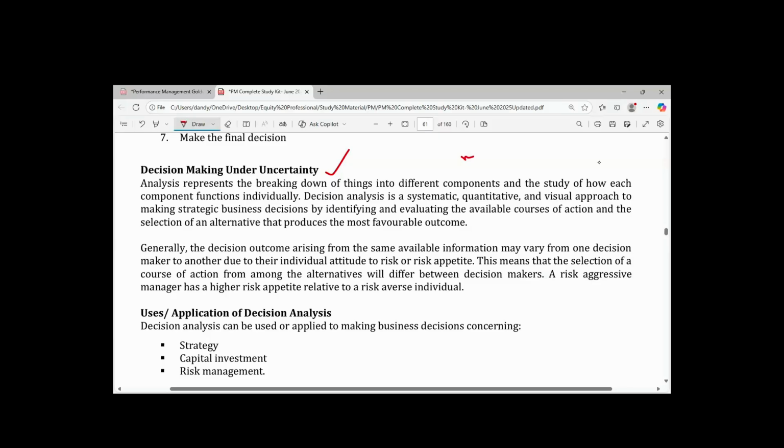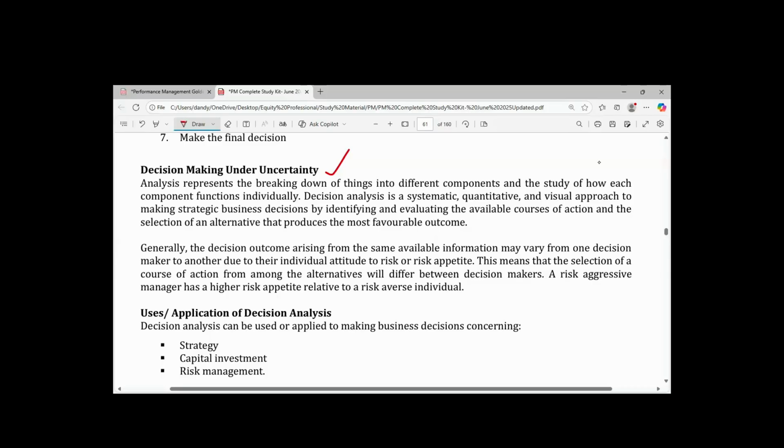Now, decision making under uncertainty, or decision analysis, is used to evaluate alternatives or projects where the future outcome is unknown. When you don't know the future outcome and you cannot predict with past experience and probability of occurrence, you are supposed to use decision analysis to appraise the alternative courses of action available. Now, what do you mean by decision analysis?